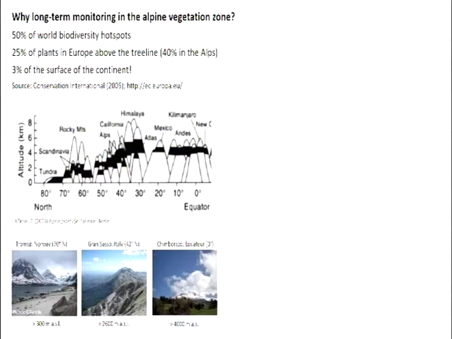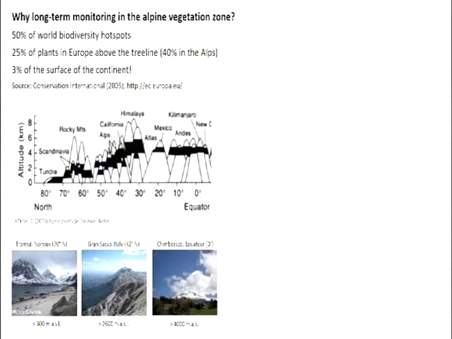We are 3 times richer than the rest of the continents, and alpine vegetation is the only vegetation type that offers a full continuum from the equator to the pole.